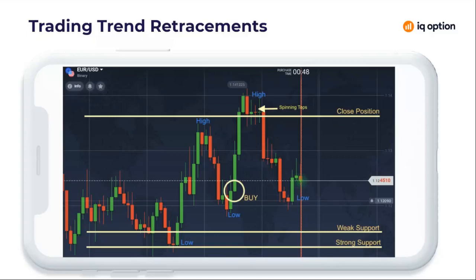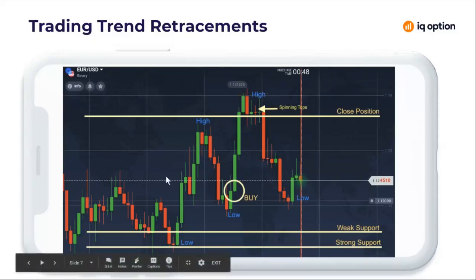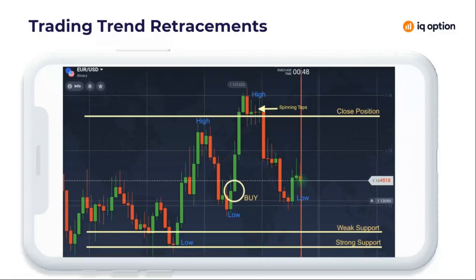For example, you see here we've got quite a few spinning tops. What do spinning tops mean as a candlestick formation? They are irregular patterns, and what is said to happen after these spinning tops is that the market might take an unexpected turn. So looking at these spinning tops and your resistance point, you would identify where the closing position is.